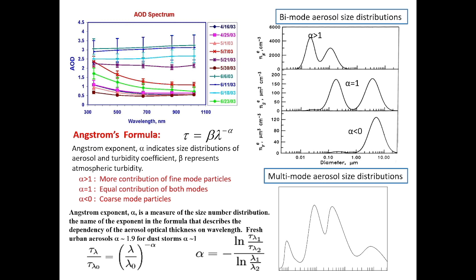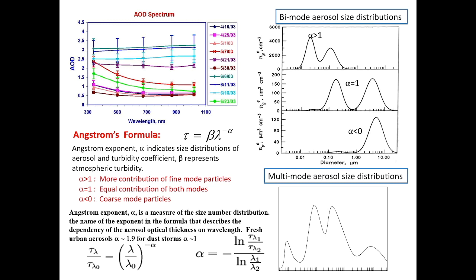Alpha basically indicates the size distribution of the aerosols, how the aerosols in the atmosphere are distributed over different diameters. And beta says the amount of aerosol in the atmosphere, or the turbidity of the atmosphere. So how dirty the atmosphere is will be determined by beta.